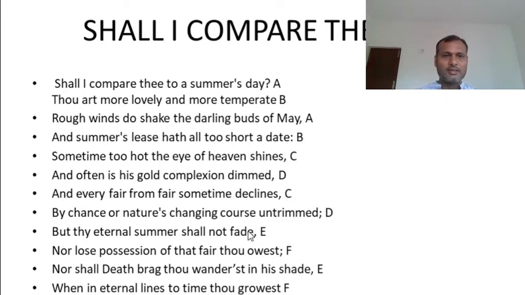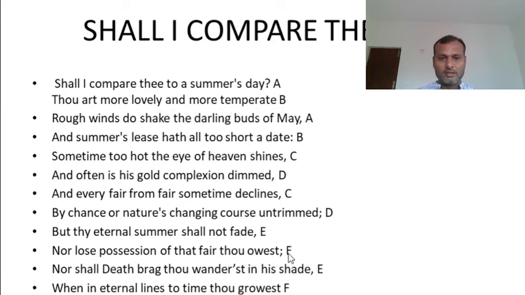So if we go to the next line, the last word of this line is "fade." And as you can see here, this word "fade" rhymes with the last word of this line, "shade." Fade, shade. So if we mark this "fade" as E, we can mark this "shade" as also E. And in between, in this line, the last word is "owest." "Nor lose possession of that fair thou owest."